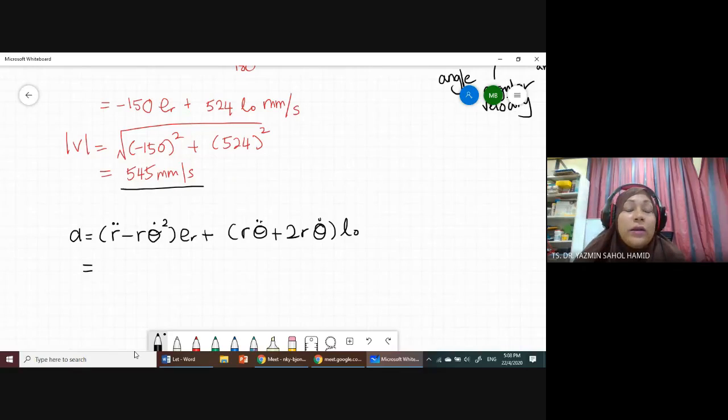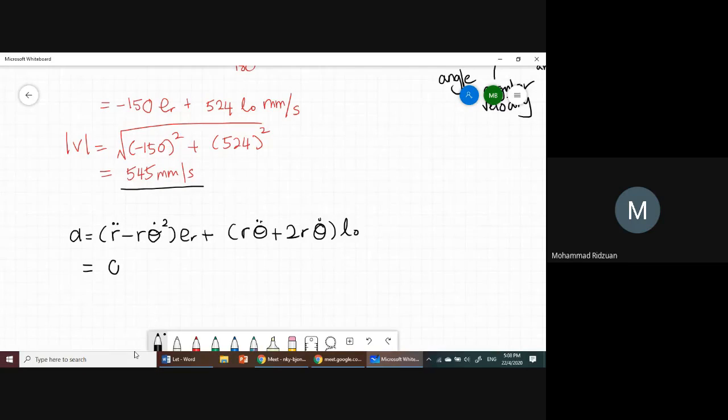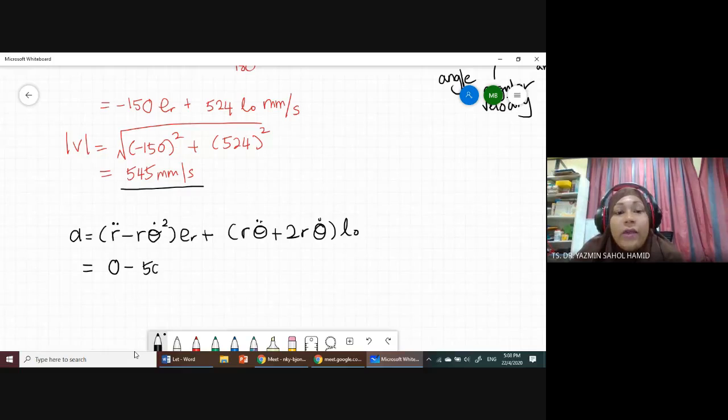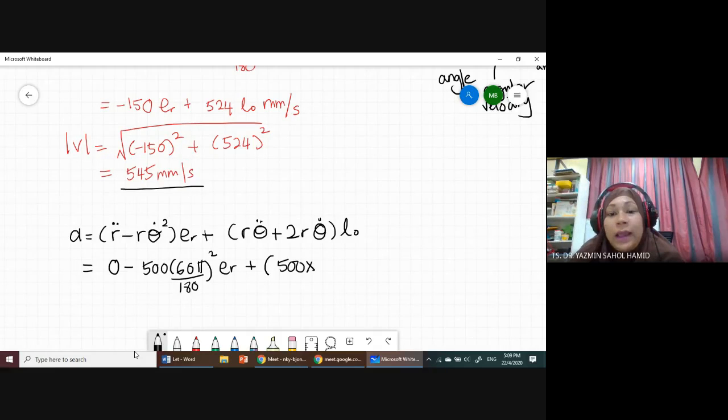Our r double dot is 0. So 0 minus 500 multiplied by (60 pi over 180) squared, plus our r, which is 500, multiplied by 0, plus 2 multiplied by r dot, which is minus 150, multiplied by theta dot, which is 60 pi over 180.